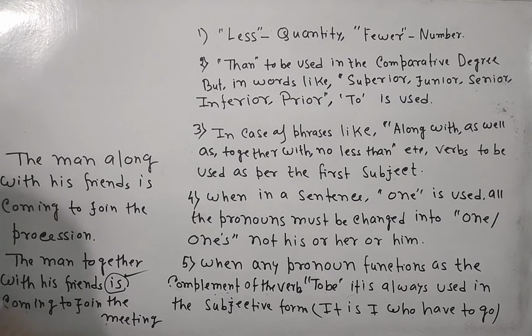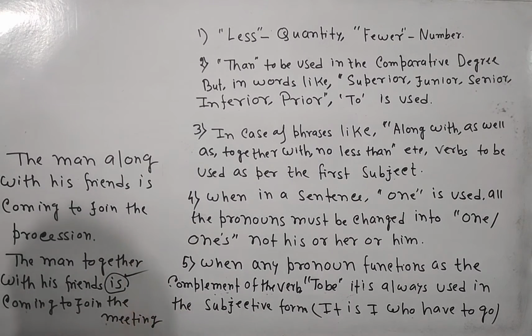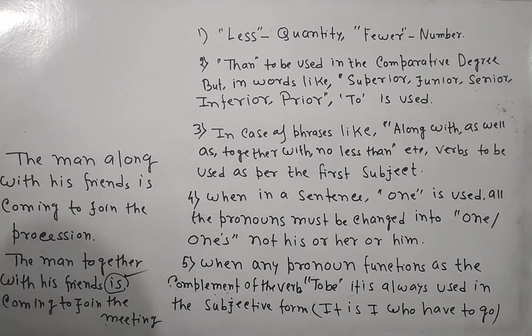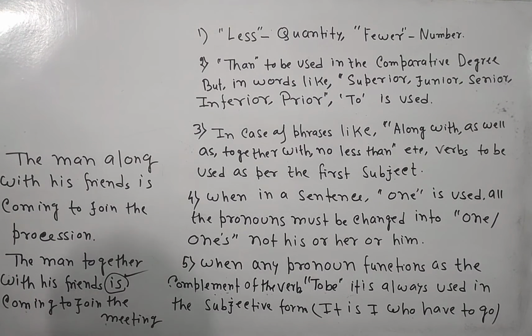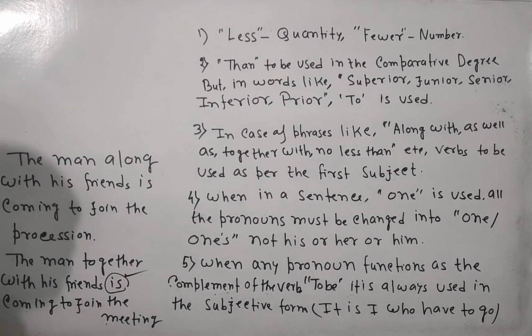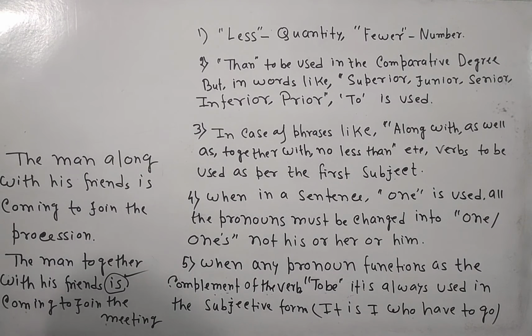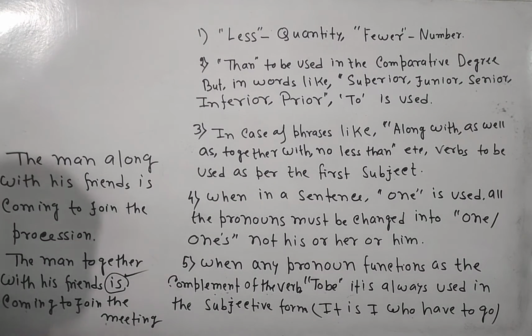Now if I look over the next rule: when in a sentence "one" is used, what is "one"? One is called an indefinite pronoun. It may be anyone, someone else, etc. One in a sentence may be a person or a lifeless object, but we are not going to specify the object or the person.